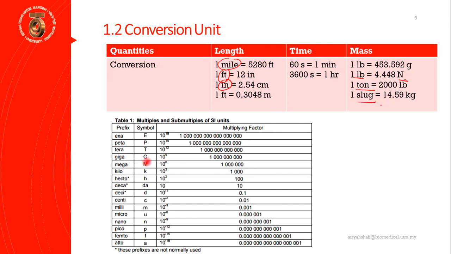And this is the multiple and submultiple of SI unit. We usually use kilo, milli, and mega. For the others, you need to know, but we rarely use these prefixes.